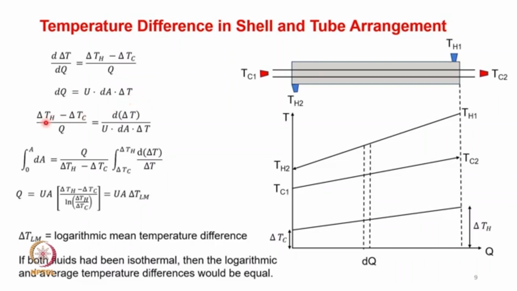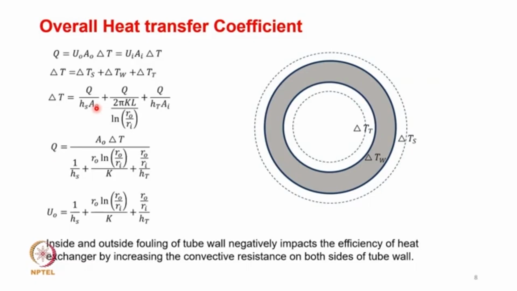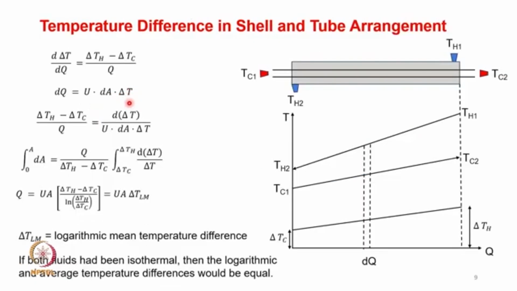Now let's keep everything together. Delta Th minus delta Tc divided by Q would be equal to d delta T divided by dQ. What is dQ here? dQ is U dA delta T, which I would plug in.